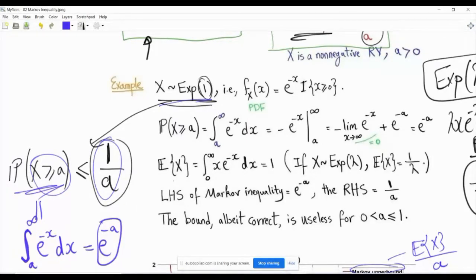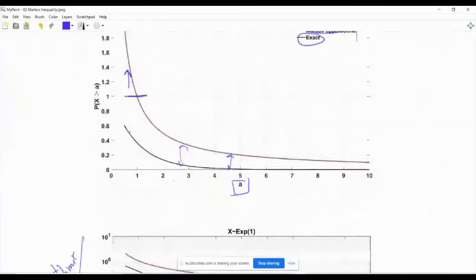So it is sort of a useful bound only if it is less than 1, because in any case we can upper bound any probability by saying that it is less than or equal to 1. Okay, so again, from this simple illustration, comparing the Markov upper bound and the true probability, we can see that the Markov upper bound is not tight.